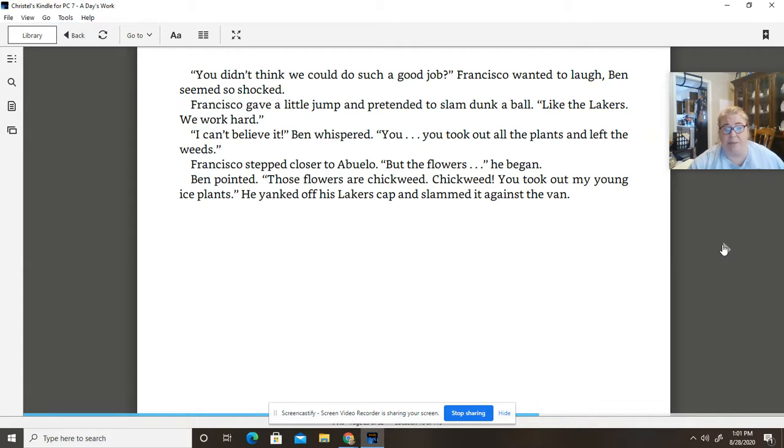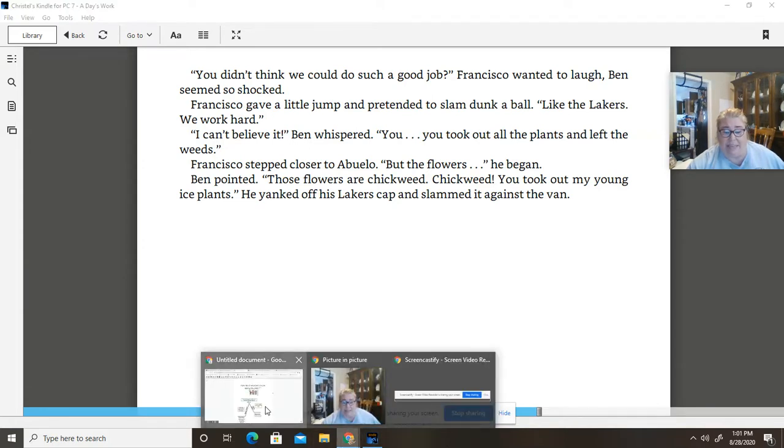"I can't believe it," Ben whispered. "You took out all the plants and left the weeds." Francisco stepped closer to Abuelo. "But the flowers," he began. Ben pointed. "Those flowers are chickweed. Chickweed. You took out my young ice plants." He yanked off his Lakers cap and slammed it against the van.